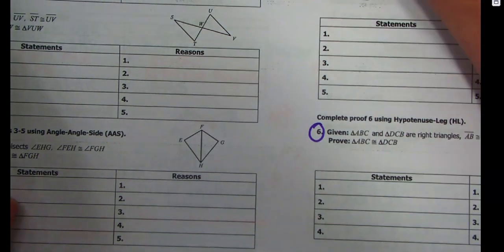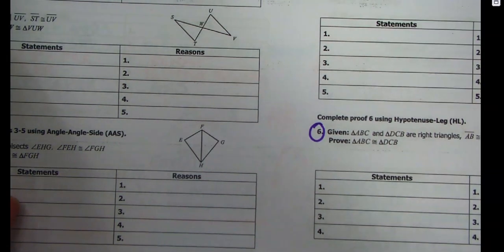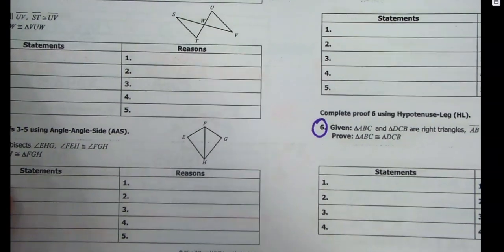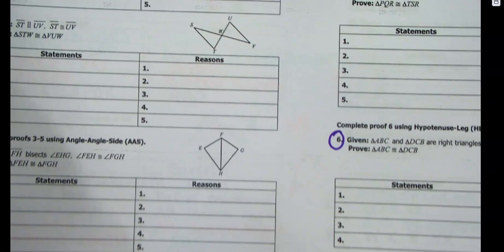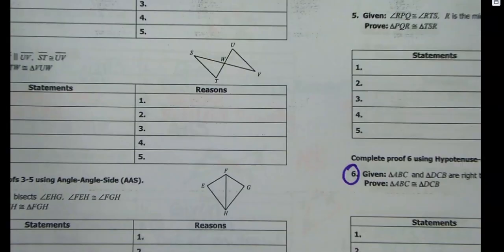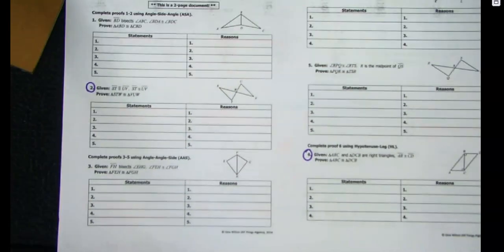And number 4. So 2, 4, and 6. So you're actually just going to do the even numbers, 2, 4, and 6. You have to do those completely from scratch. They are naked, so you are going to give that your best effort.